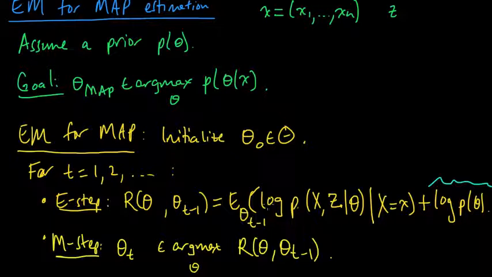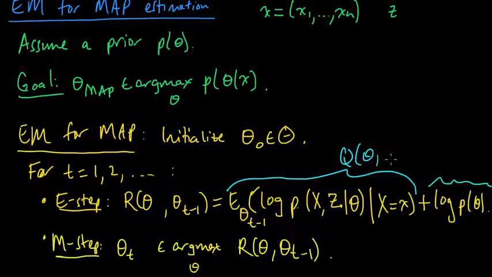So you could put this in either the M step or the E step. Computing these expected values turns out to be the same procedure that you use for maximum likelihood estimation, because this is just the same quantity. This is the Q that we had before, Q of theta and theta t minus 1.